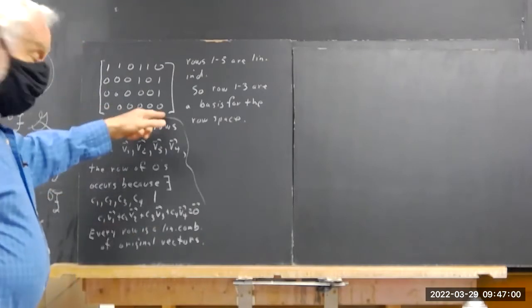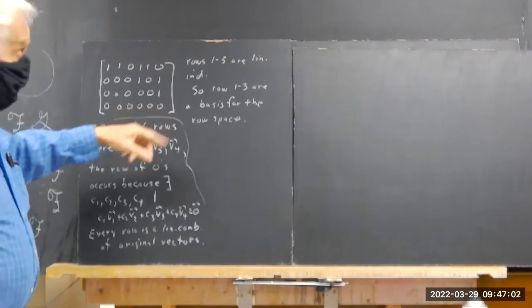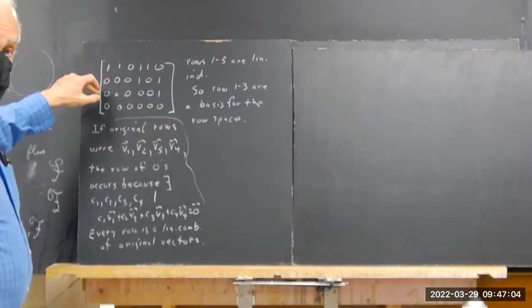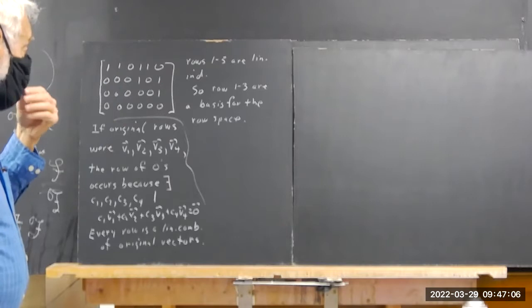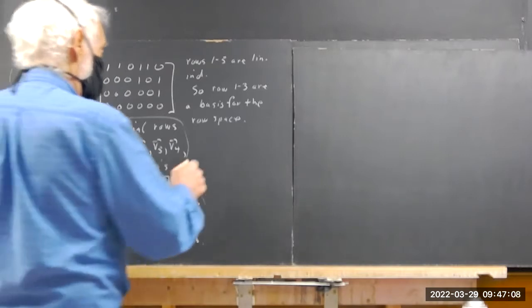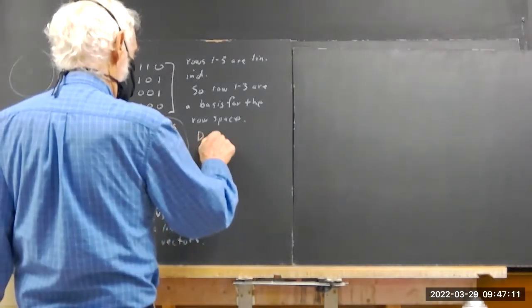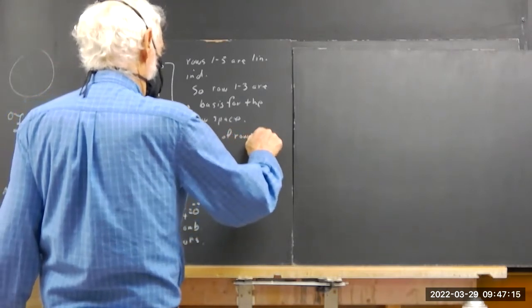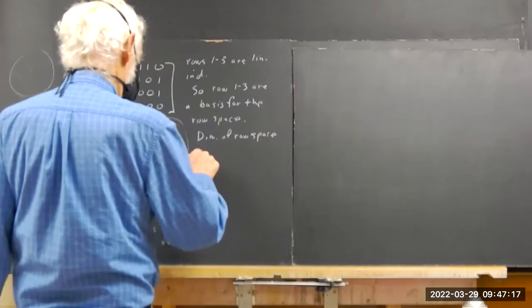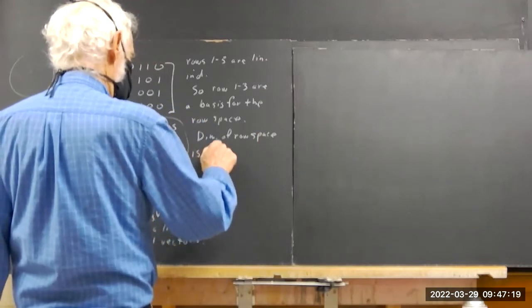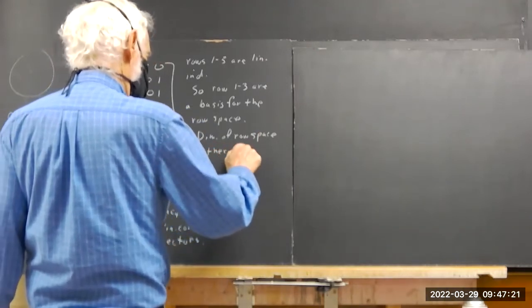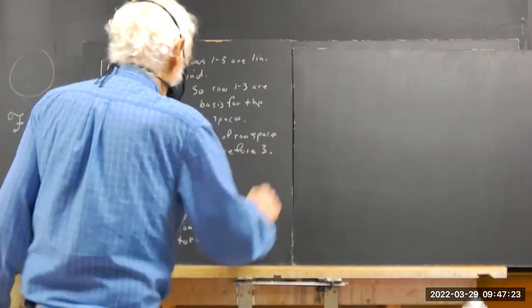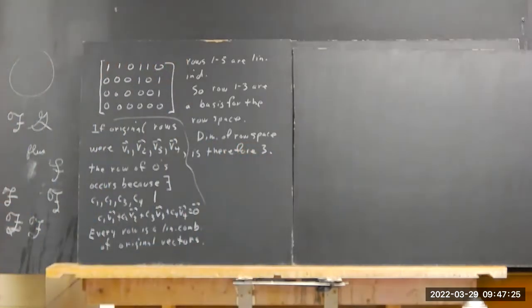And one of those linear combinations gave you 0, so you only have 3 linearly independent vectors. So the dimension of the row space is therefore 3.